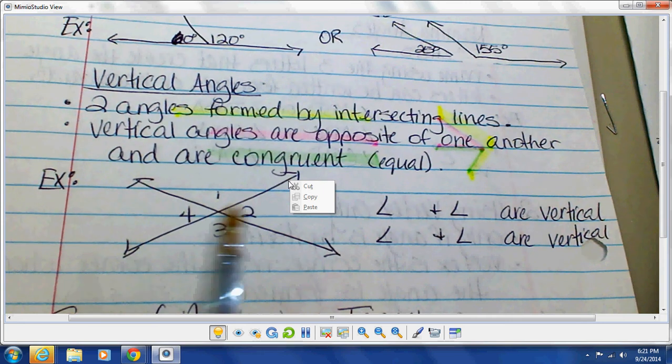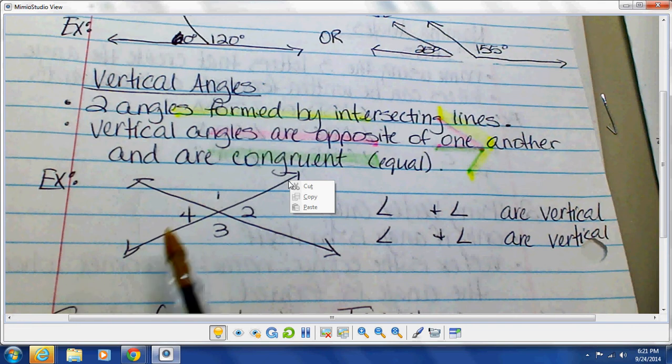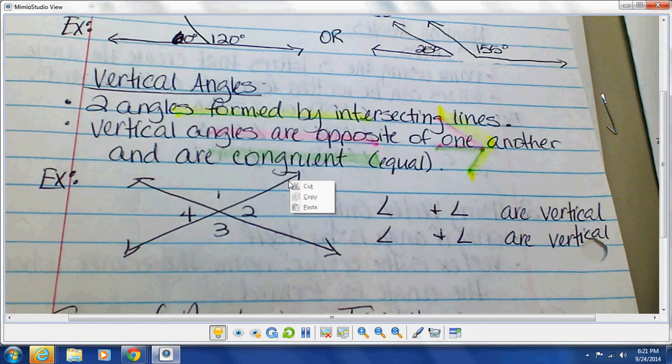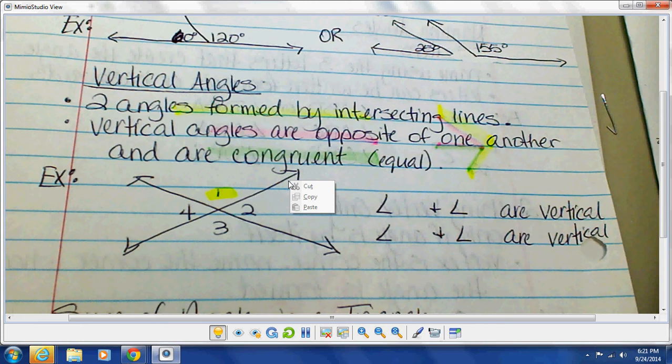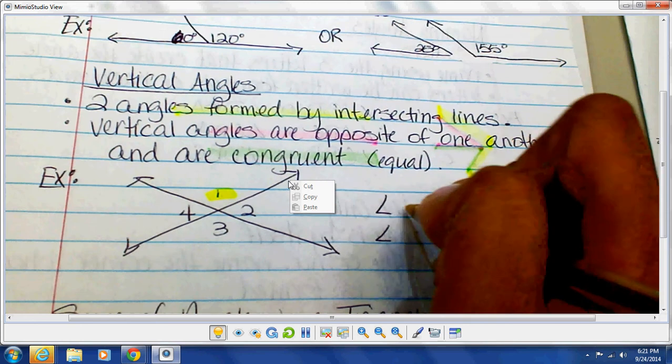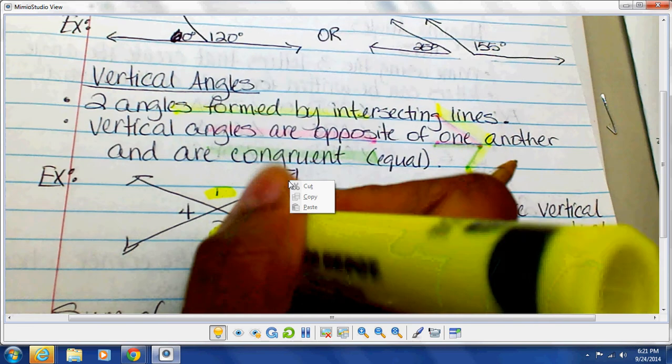So I have intersecting lines here. And then I have angles 1, 2, 3, and 4 sitting inside there. So if I were to look at angle 1 right here, remember it says vertical angles are opposite. So opposite of angle 1 is angle 3.